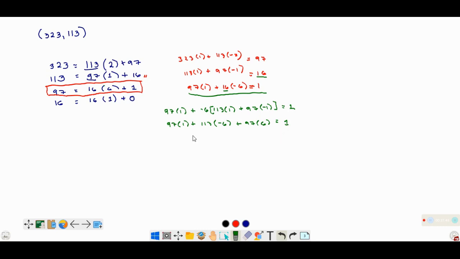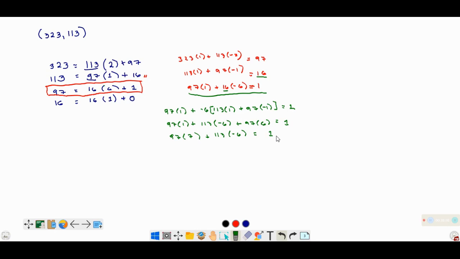Now, let's count the number of 97s that exist in our left-hand side. 97 times 1 at saka 97 times 6. 1 plus 6 is equal to 7. So, this is equal to 97 times 7 plus 113 times negative 6 is equal to 1.